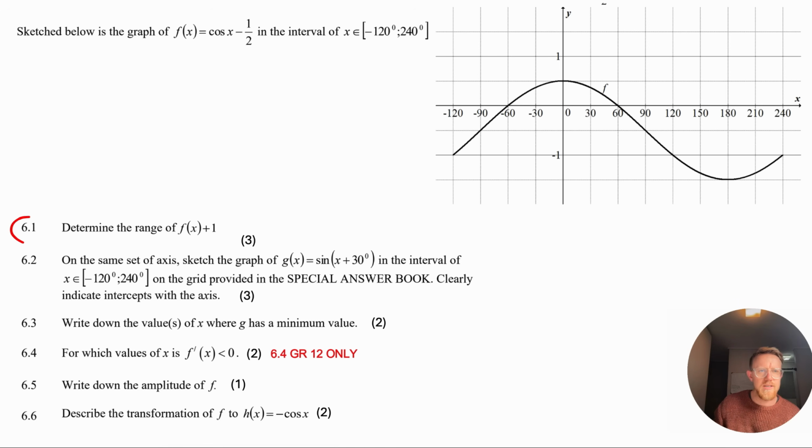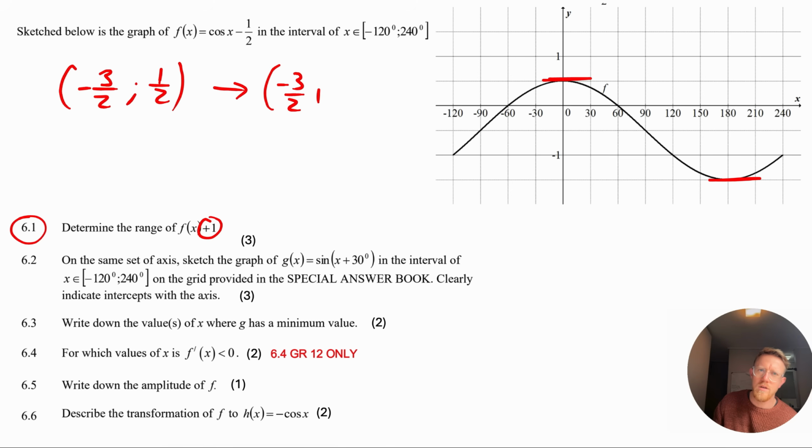Okay, so this question says, determine what the range is of this expression after you've added 1 to it. So forget about the plus 1 for now. What is the range at the moment? Well, the highest value is a half and the lowest value is negative 1.5, which is negative 3 over 2. Now if you add 1 to each of those, you're going to end up getting negative a half and 3 over 2.